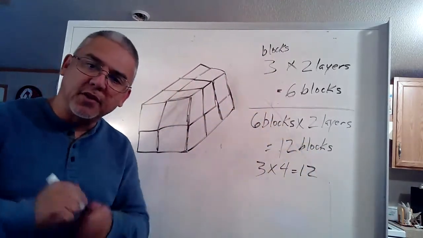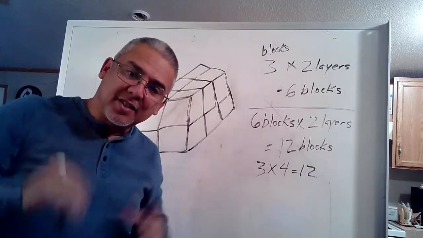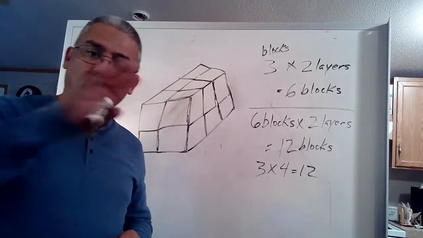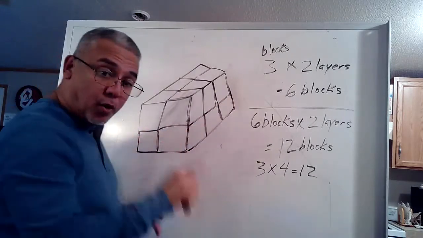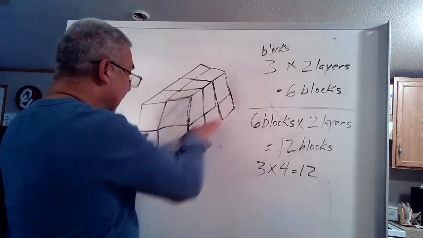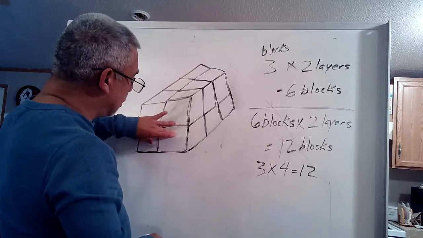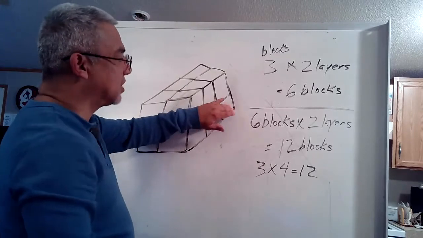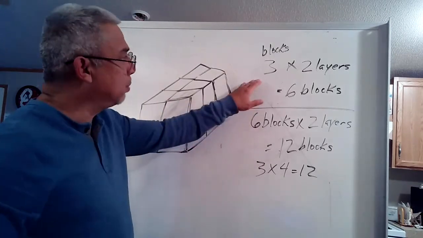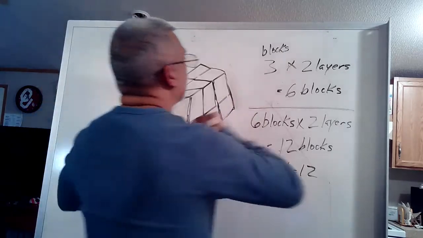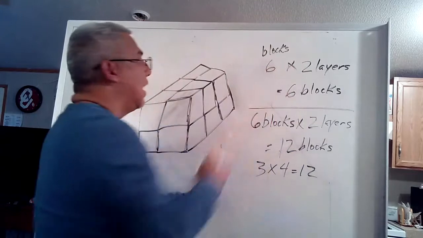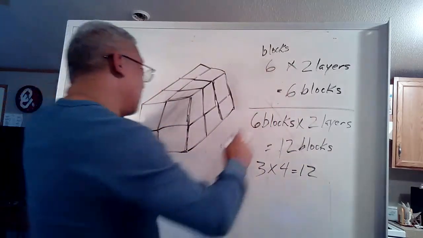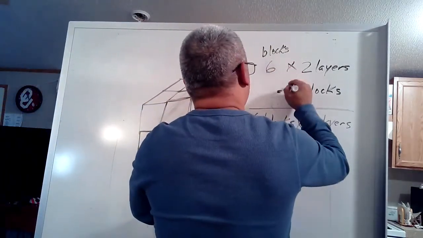So it just depends on how your mind sees this. One way your mind could see this is layer 1, with 1, 2, 3, 4, 5, 6 blocks. 6 blocks, 2 layers, and 6 times 2 is 12.